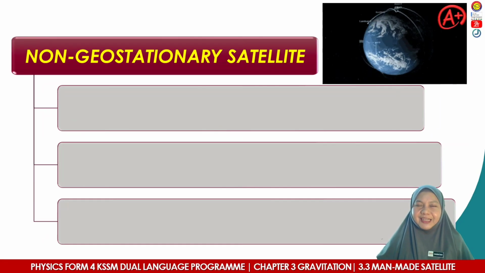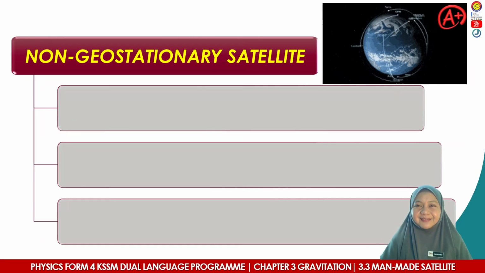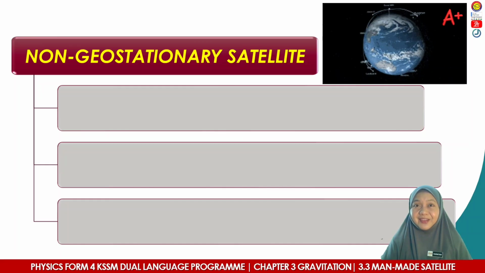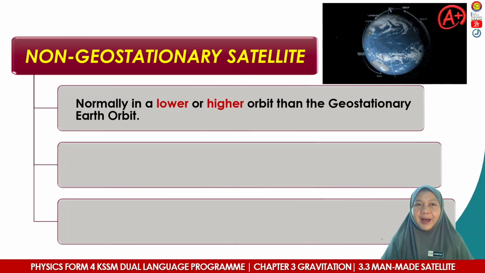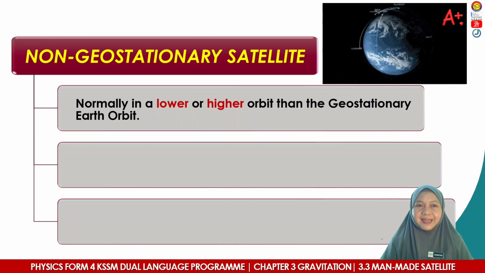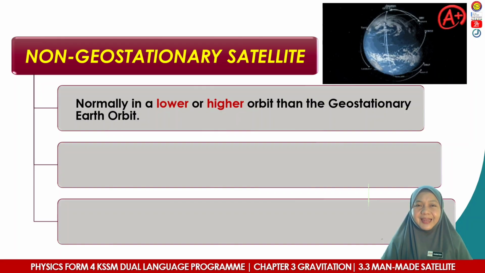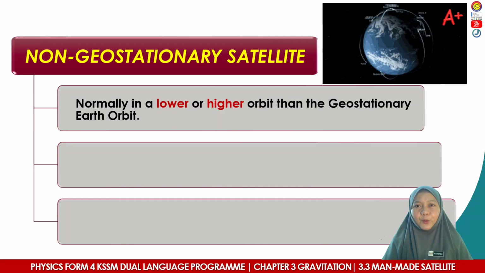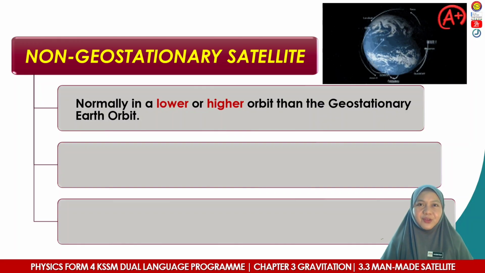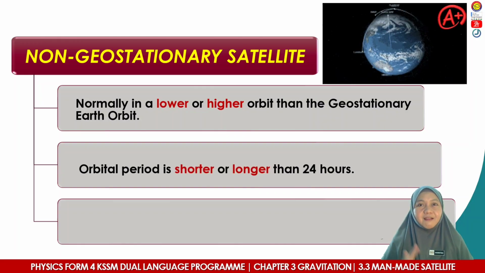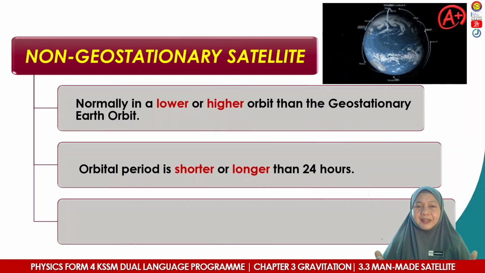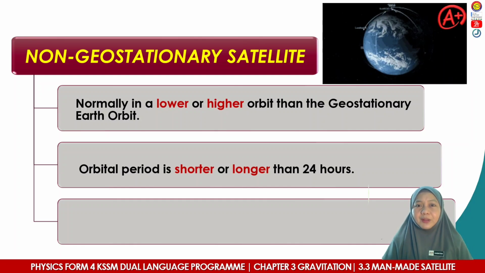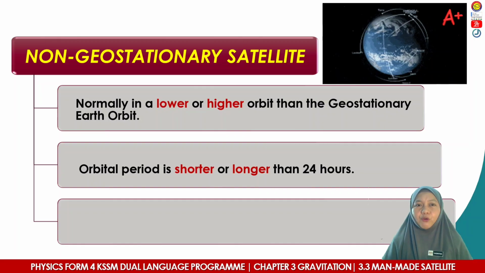Okay, then about a non-geostationary satellite. As you can see on the GIF there, it moves in a random direction. Number 1, a non-geostationary satellite is normally located in a lower or higher orbit than the geostationary Earth orbit, the GEO. Second, a non-geostationary satellite has an orbital period either shorter or longer than 24 hours.